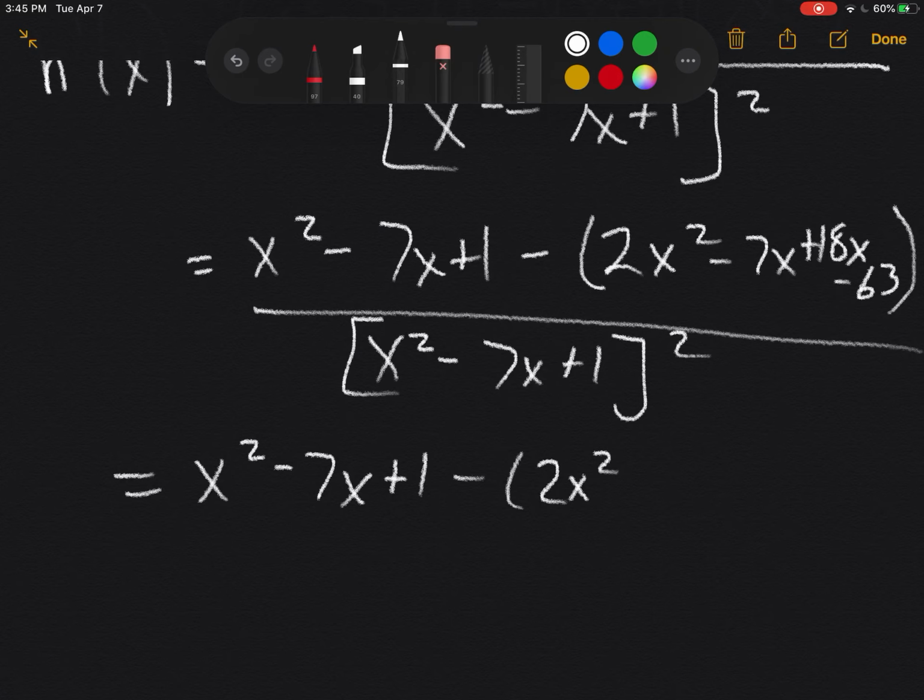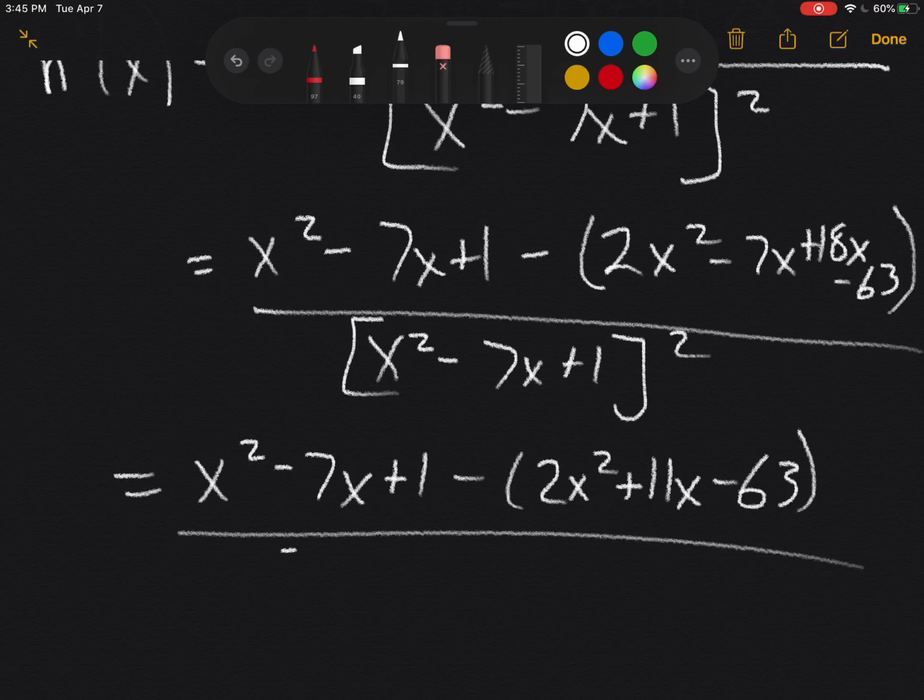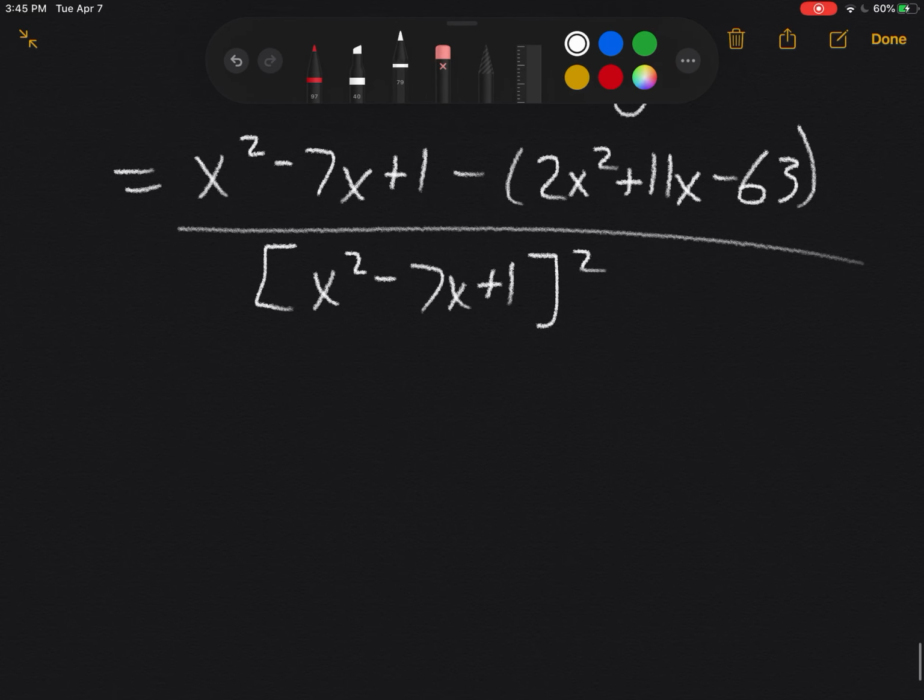So now I can go ahead and simplify and get x squared minus 7x plus 1 minus (2x squared plus 11x minus 63) all over (x squared minus 7x plus 1) quantity squared.